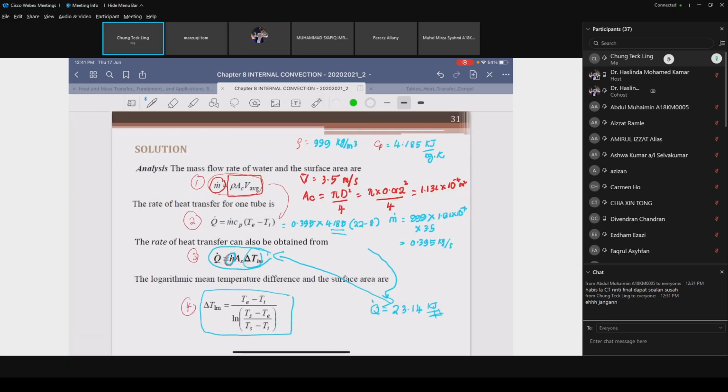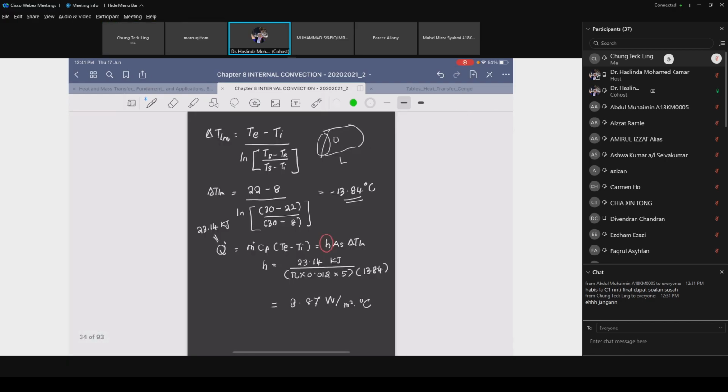Okay, tadi unit dia kilojoule. So now, bila you bagi dengan 1000 ke kali dengan 1000? Sebab ni kilojoule kan? We have to multiply by 1000 to convert the unit from kilo to joule, so that you will get the watt unit.